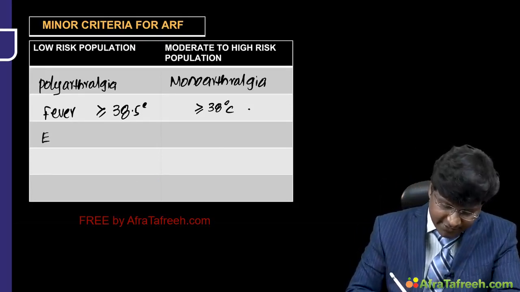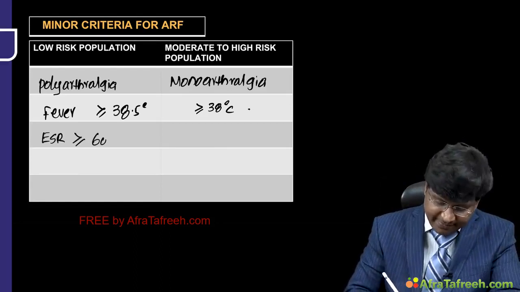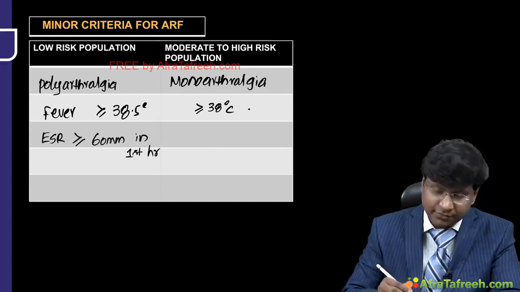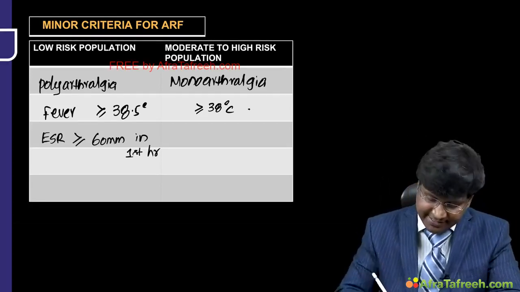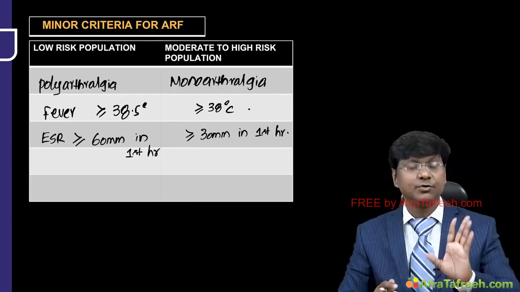For low risk, the ESR should be more than or equal to 60 mm in first hour. Whereas for moderate to high risk, the ESR should be more than or equal to 30 mm in first hour. Okay, that is about the ESR.